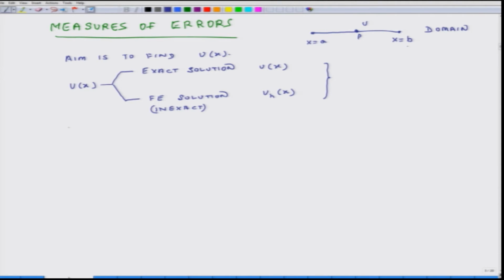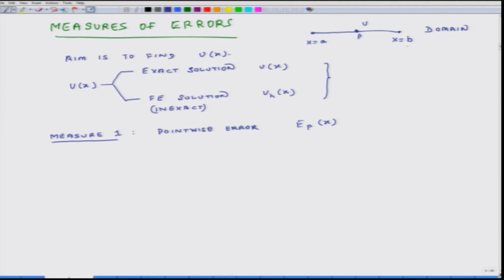So, the first measure, measure 1, could be point-wise error. I call this EP, and this is a function of x itself.